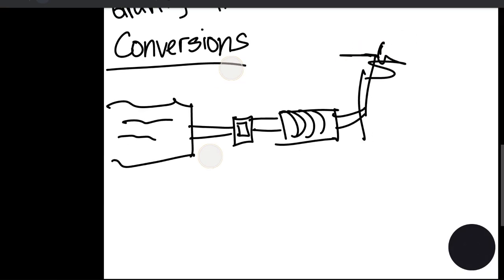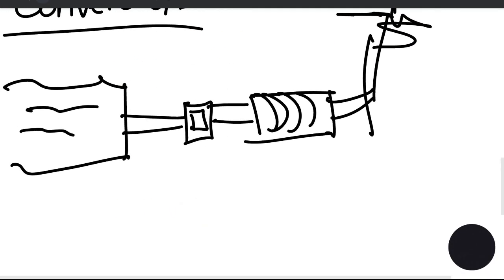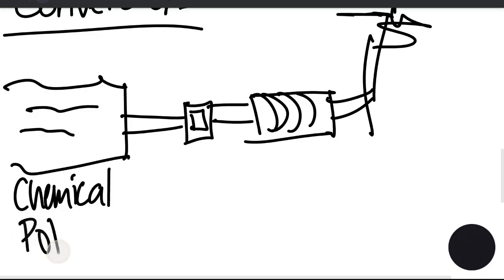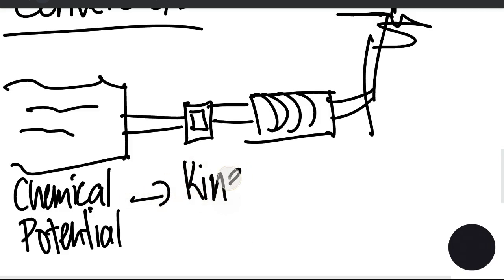So yeah, ignore my bad drawing. So this is what we call chemical potential. Then as it moves over here, it becomes kinetic energy.